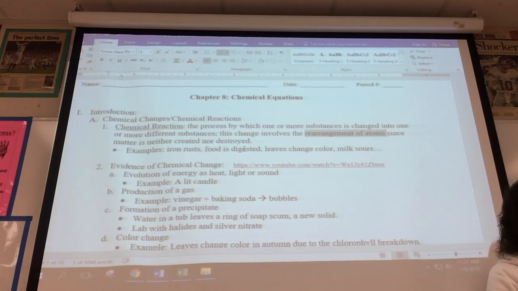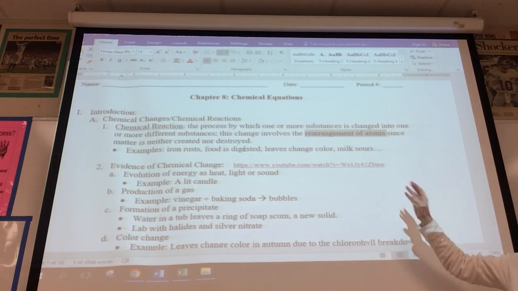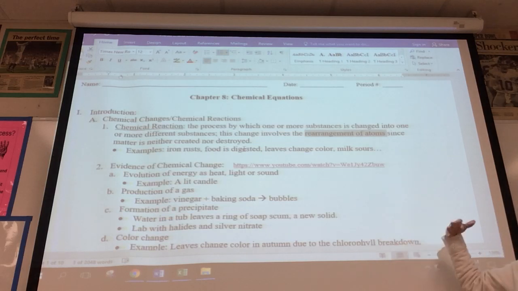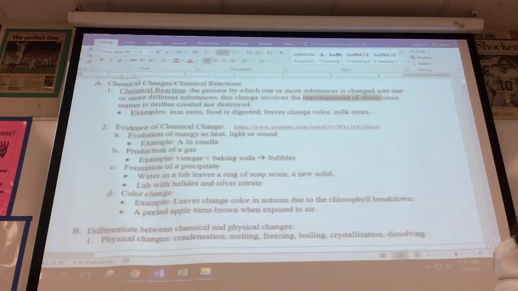You can't go back to where you started. If you have rust, you can't generate iron back. Once your food is digested, you're not going to see that bagel you had this morning. Once the leaves change color, they don't go back to green. They fall off the trees, and once milk sours, you don't want to drink it anymore because it's not the same substance. Chemical changes.